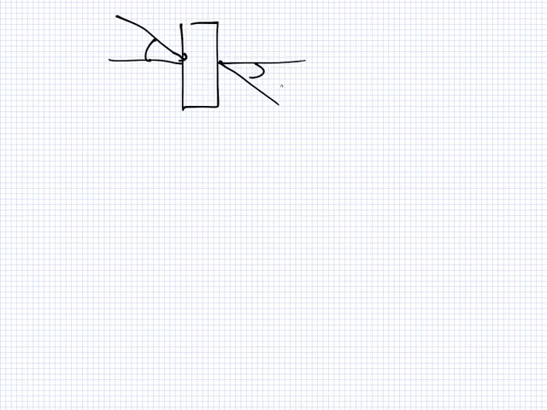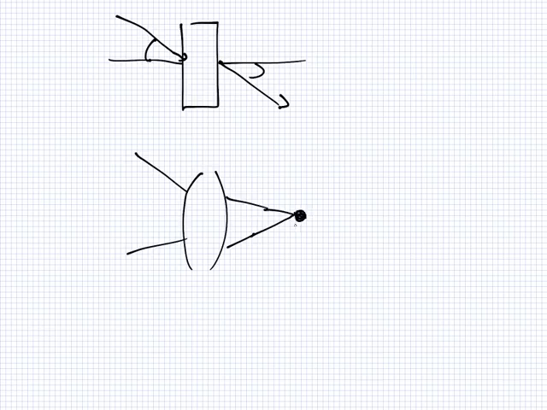If light comes in at one angle, θ1, it could refract and come off at a different angle. If you curve the lens, what you can try to do is design it so that when the light comes in and refracts, it all meets at one point.